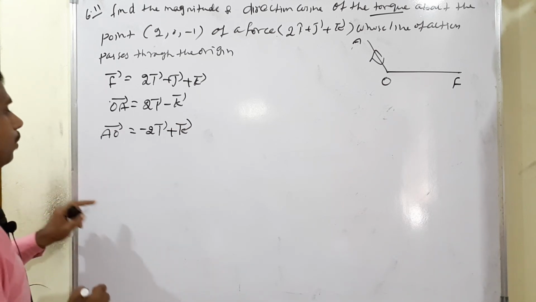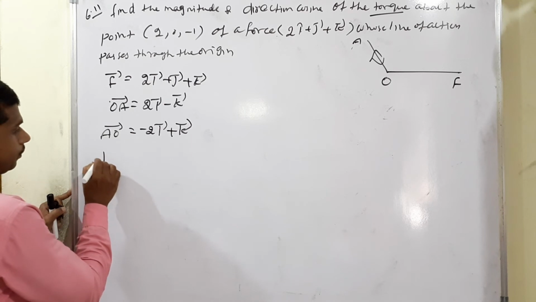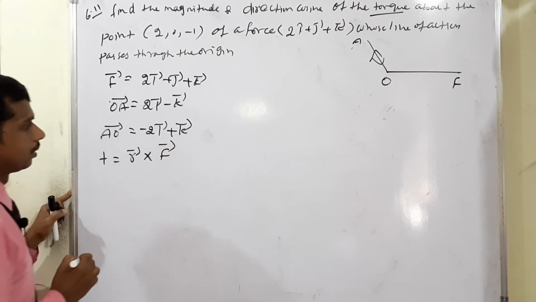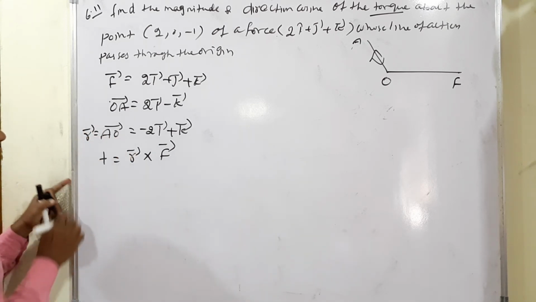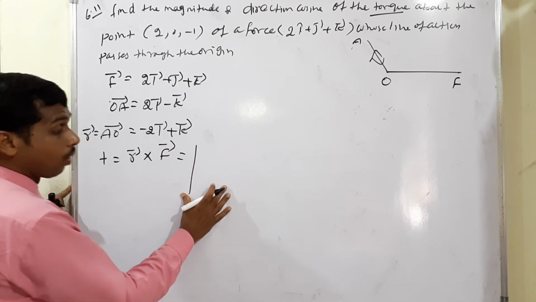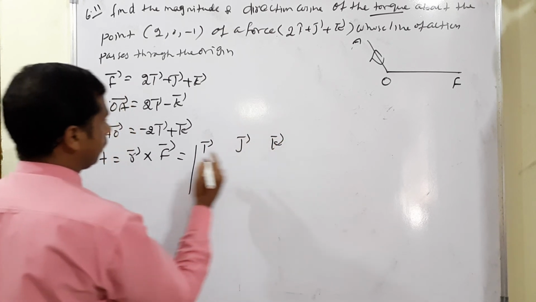This is called AO. Now the torque formula: the torque T is equal to R vector cross F vector, isn't it? So AO is considered for R. Okay, R vector is equal to AO. Therefore, for the cross product we have to take the determinant with i vector, j vector and k vector.